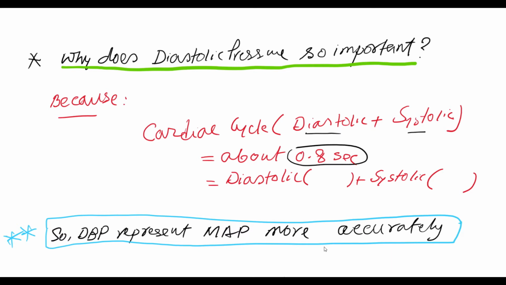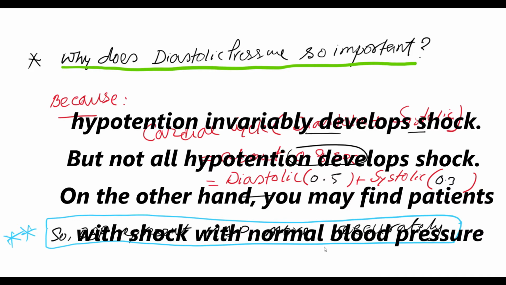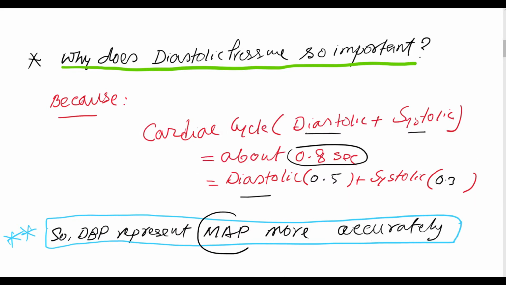In the cardiac cycle, the heart spends 2/3 of the total cycle time in diastole, that is around 0.5 second, and only 1/3 of the time passes in the systolic phase, that means 0.3. So as the heart spends its maximum time in diastole, the pressure maintained in the diastolic phase should be emphasized. So diastolic pressure represents mean arterial pressure more accurately.